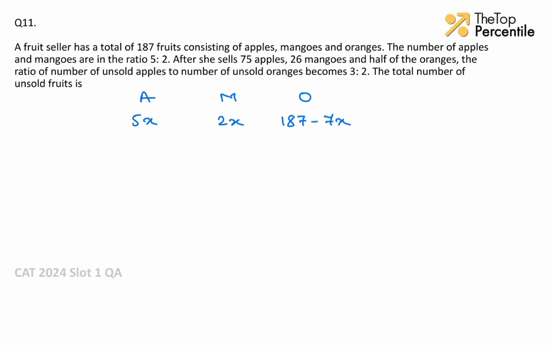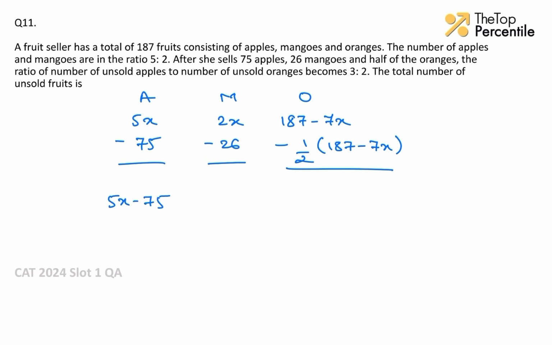So after selling 75 apples, 26 mangoes and half the number of oranges, the ratio of the number of unsold apples, that is 5x minus 75, upon the number of unsold oranges, which is nothing but half of 187 minus 7x.